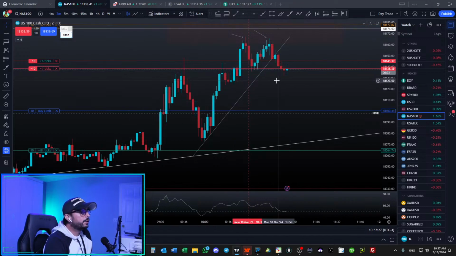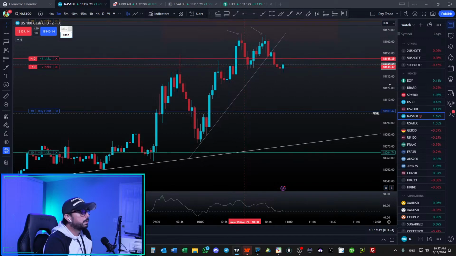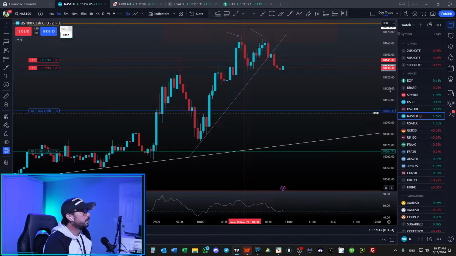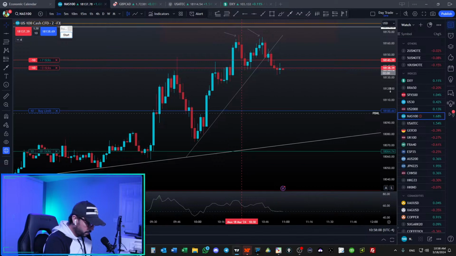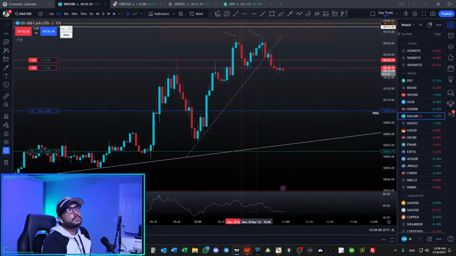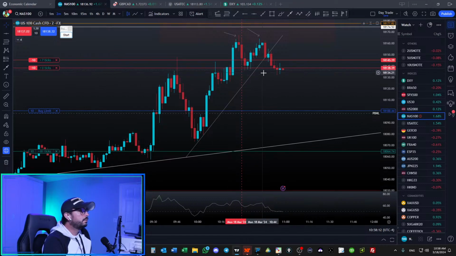Looking for one flush, then we can take profits. Want one nice flush to collect these profits and put it on a break even. See if that happens now.